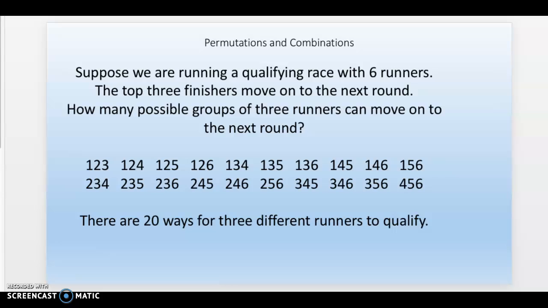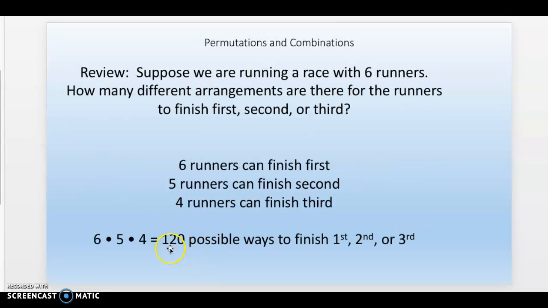Order doesn't matter. When I list 1, 2, 3, that takes care of 1, 3, 2, and 2, 3, 1, and 2, 1, 3, and all of them. It's just a group 1, 2, 3. There's 20 ways to do that. Remember back up here, our answer was 120.